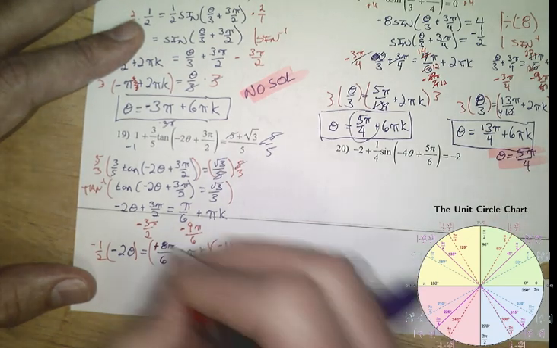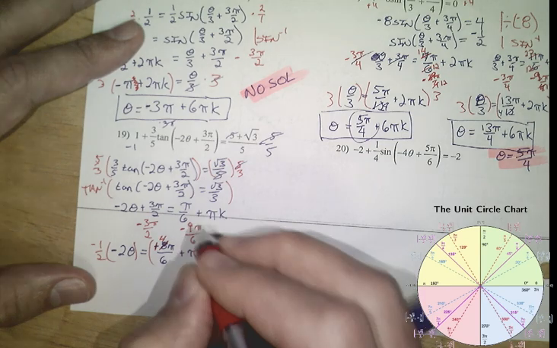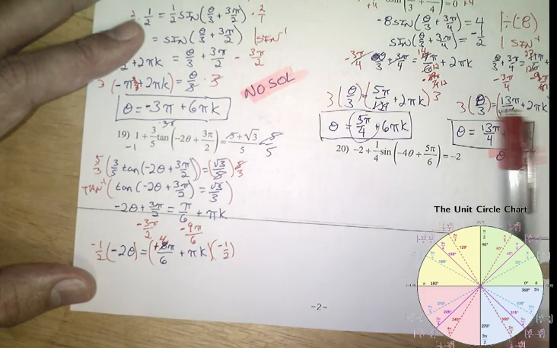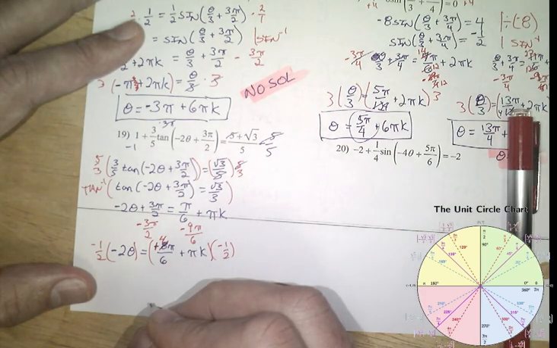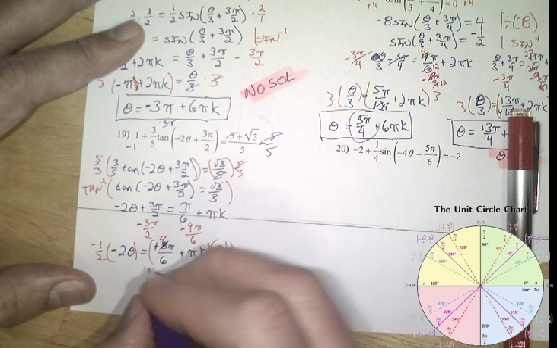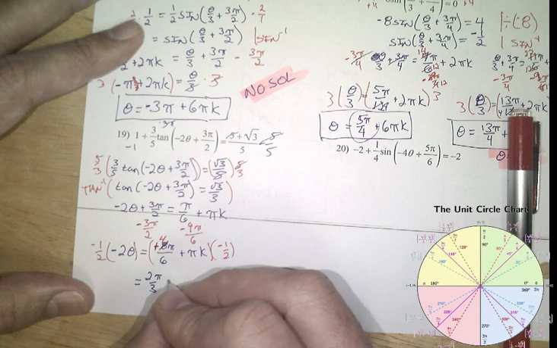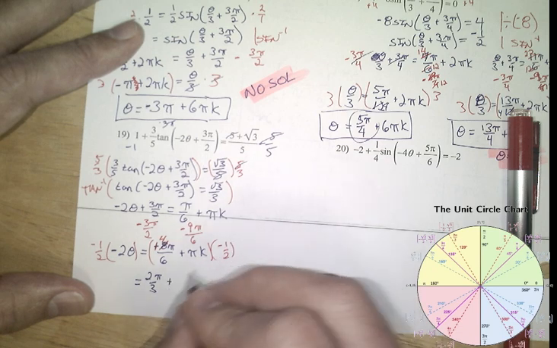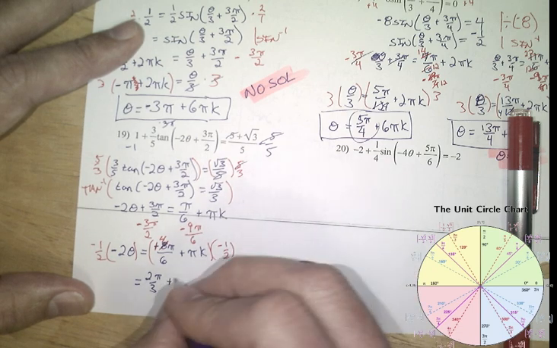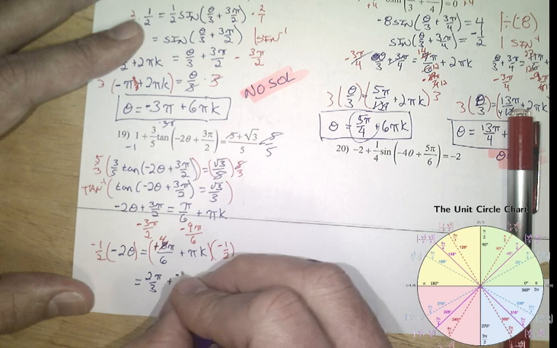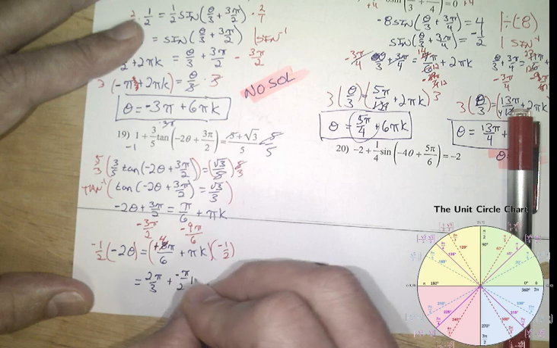The 2 is going to reduce this 8 to a 4, giving us 4 pi over 6, which would reduce to 2 pi over 3. So we get 2 pi over 3 plus, and then that's just going to be a negative pi over 2 k.